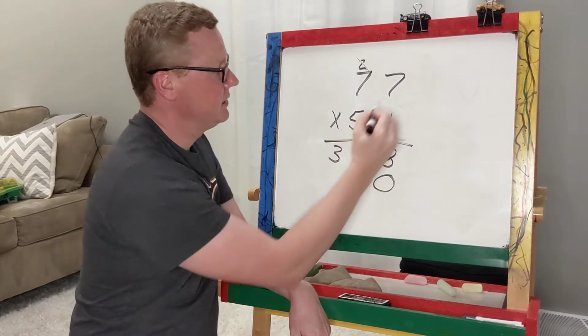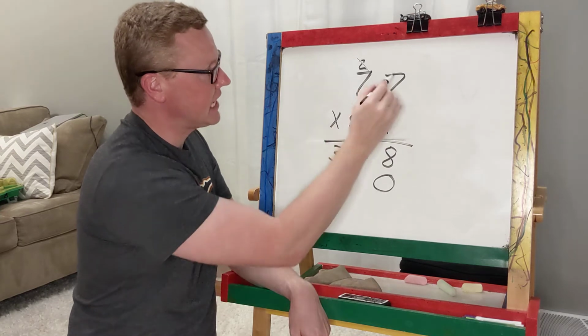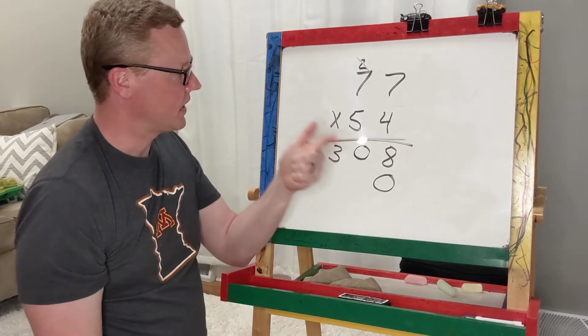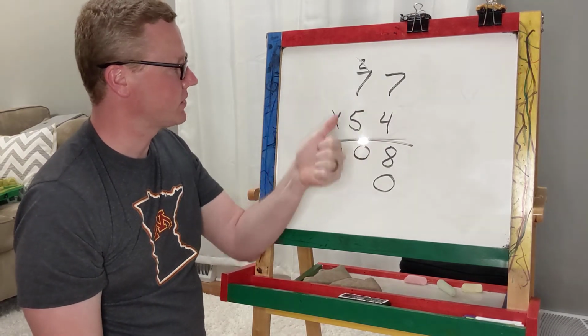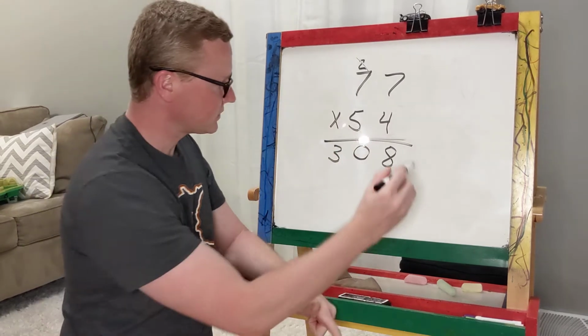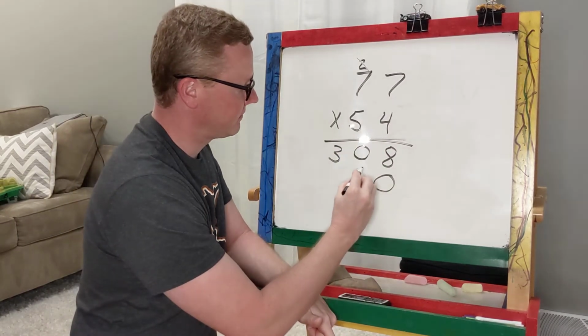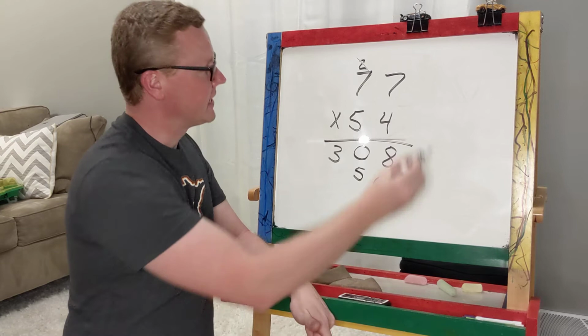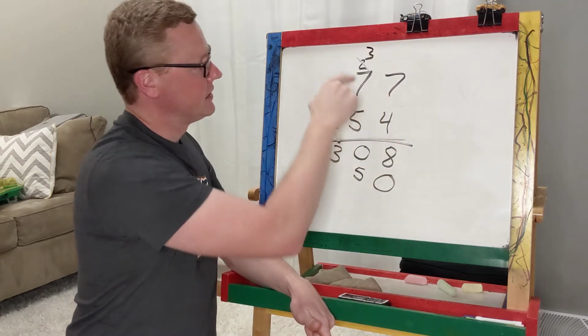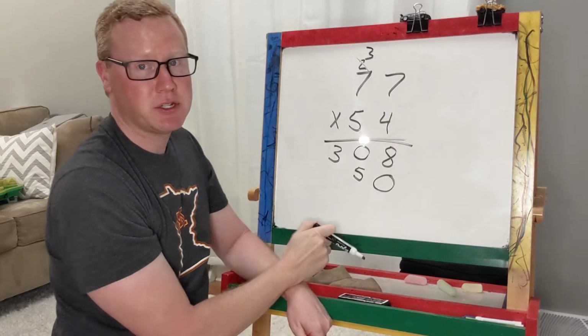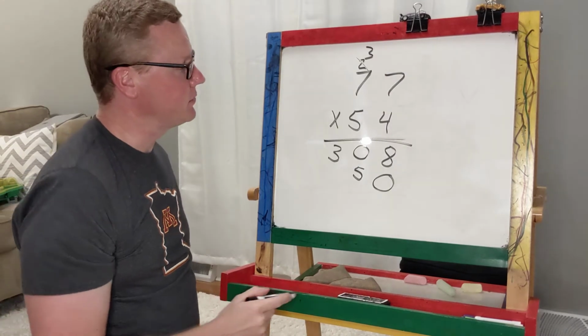So 5 times 7 is 5, 10, 15, 20, 25, 30, 35. So I put my 5 here, and I put my 3 up here. See how it's helpful I crossed out my 2? That way I won't get them confused.